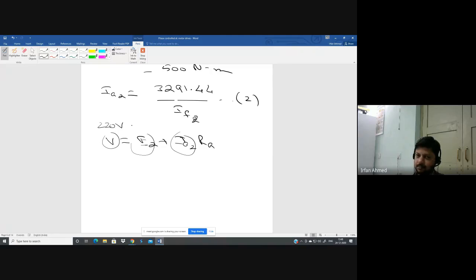Okay, because you are still applying rated voltage across the armature. So you will get a quadratic equation, and solving that equation, you can get the value of IF2. Then from this equation, you can get the value of IA2, and then the field winding voltage VF2 will be simply equal to IF2 multiplied by RF. So this is how you have to solve this numerical.